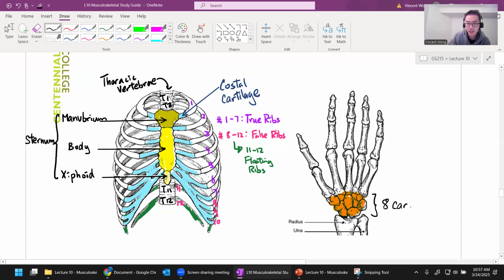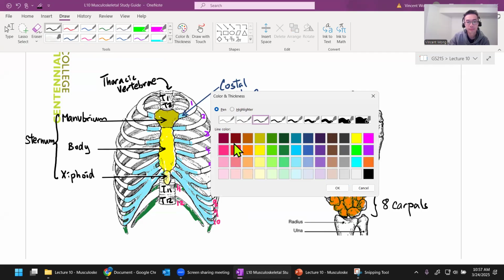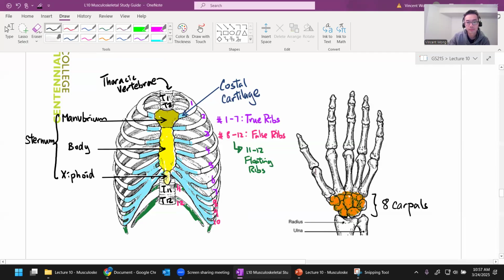Carpals. And I would like to remind you, these are also long bones, even though they don't look very long, but they are rectangular in shape, so we still consider them as long bones.